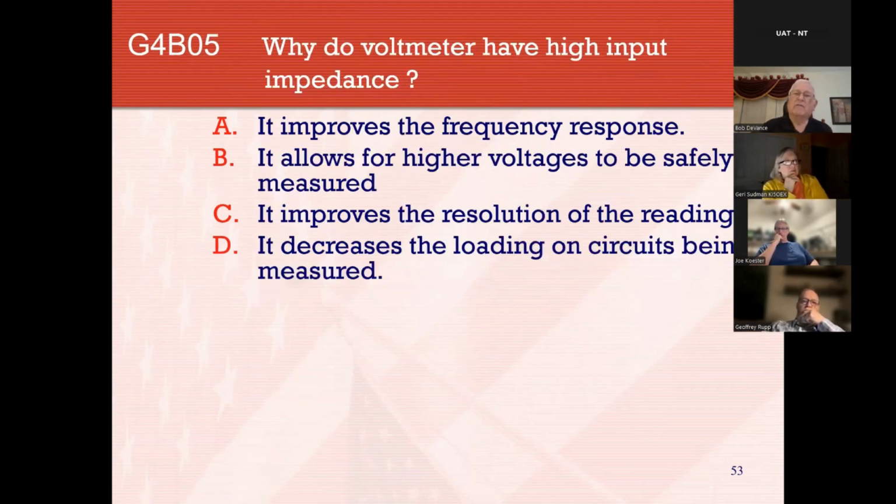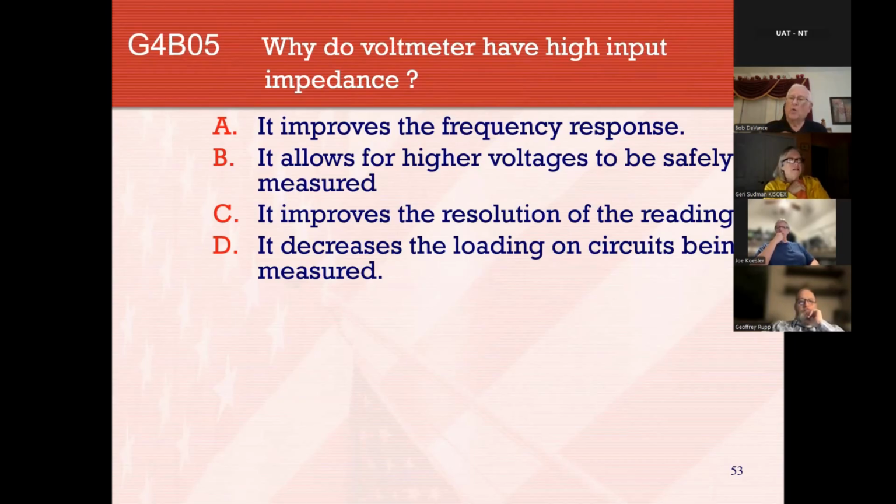Why do voltmeters have high input impedance? Most voltmeters will have an input impedance of at least 1 megohm. Most digital meters will have 10 megohms. Why do they need that really high input impedance or resistance for the meter?